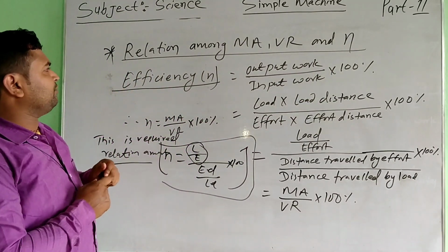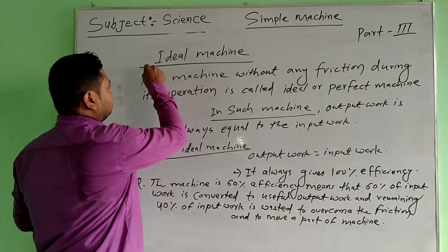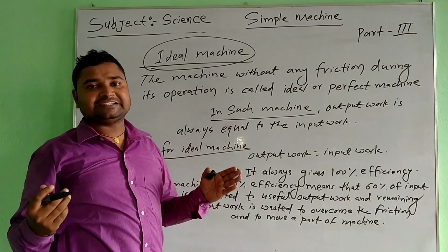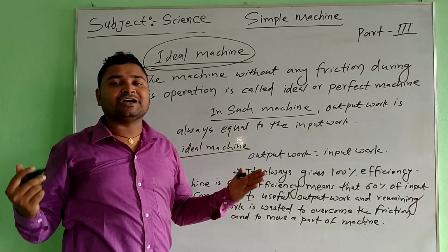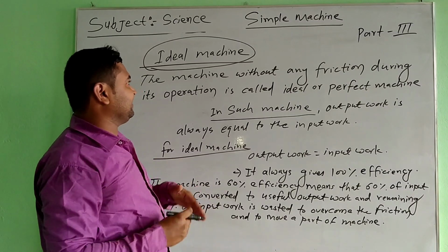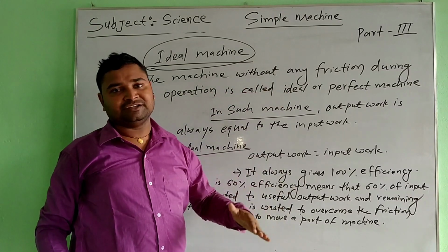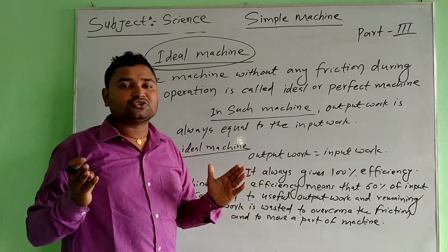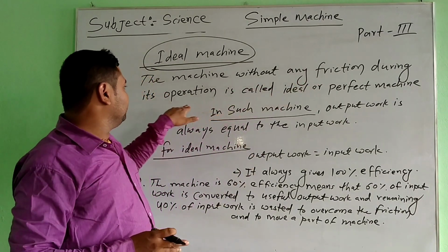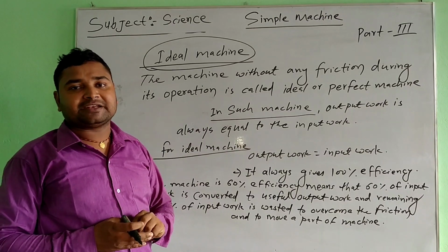Okay, so you have to note it in your copy also. Now, ideal machine. What is an ideal machine? An ideal machine means a frictionless machine which gives 100% result. There is no friction, so efficiency is 100%. Without any friction during the operations, that is called an ideal or perfect machine.